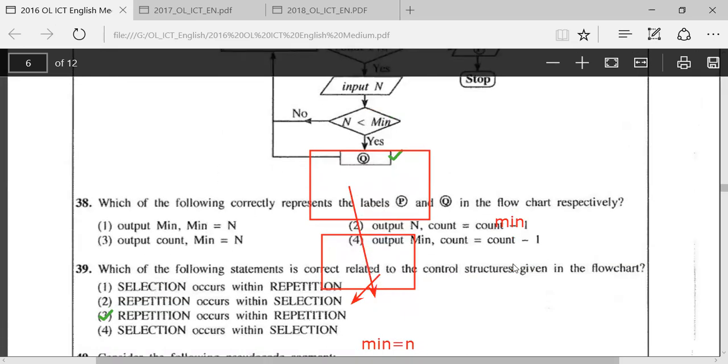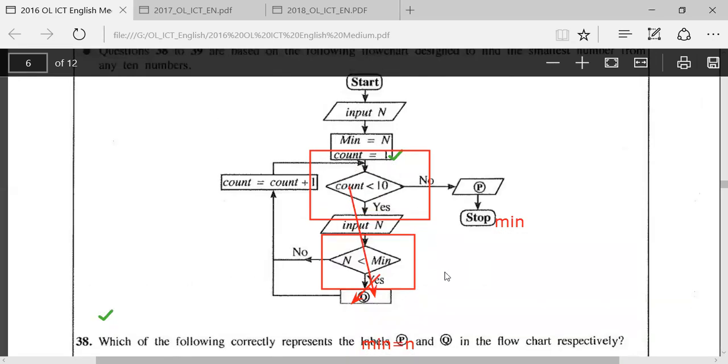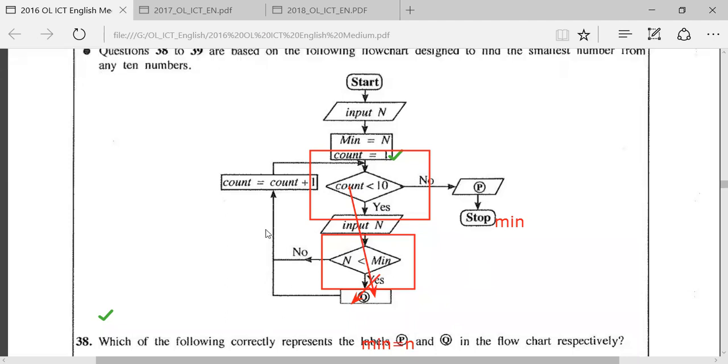They are asking the structure of this iteration. So mainly iteration. Why? There's a return arrow. Inside the iteration, there is a simple selection.